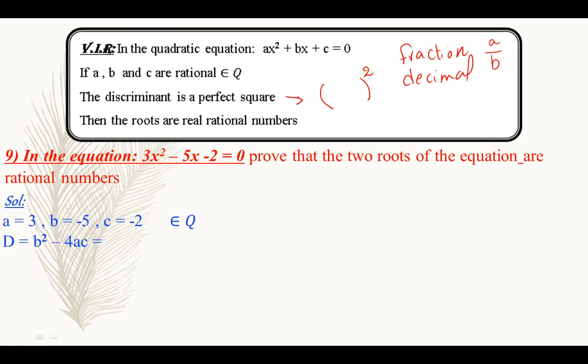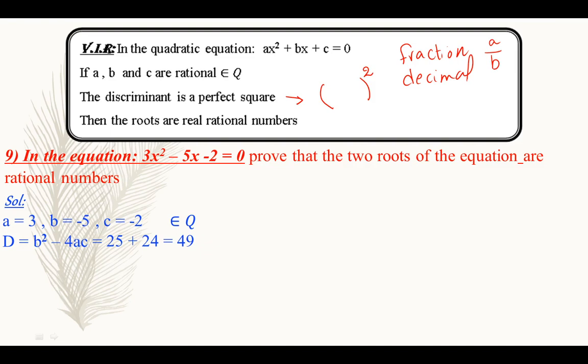Now we are going to calculate the discriminant, b² − 4ac. b squared, negative 5 to the power of 2, is 25, minus 4 multiplied by a, which is 3, multiplied by c, which equals negative 2. So the discriminant is 49.